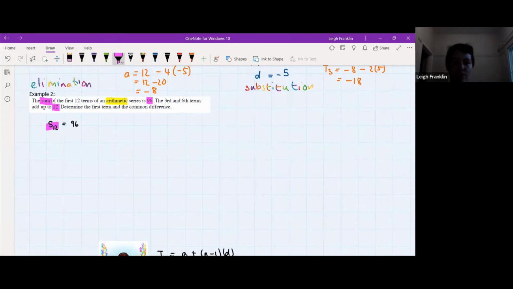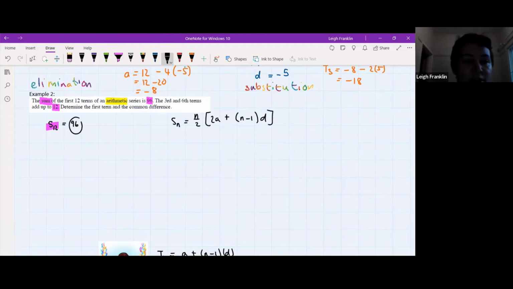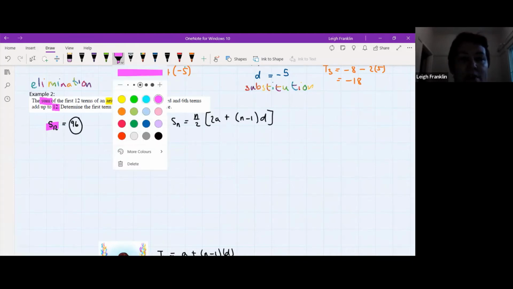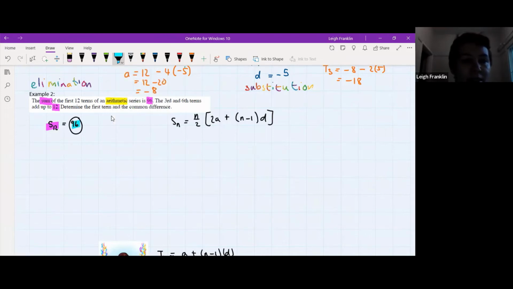Sum to 12 means I've got to use my sum formula. So in other words, I'm using Sn equals n over 2, 2a plus n minus 1d. I know what this is. 96 is Sn. So these two over here are the same thing. My 96 and my Sn are the same thing. So 96 is going over here.